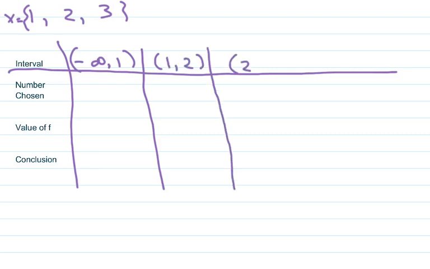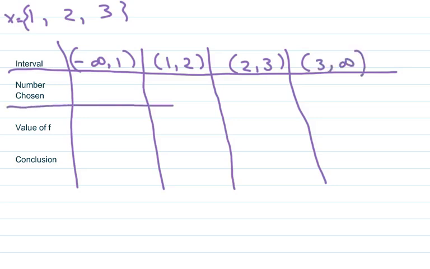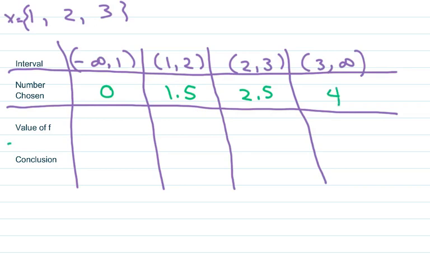Then 2 to 3. We're trying to see what happens on either side of the graph. And 3 to infinity on each piece of this. Now choose your numbers. So I'm going to, on this one, choose 0. This I'll choose 1.5, 2.5, and I'll go ahead and choose 4 here.